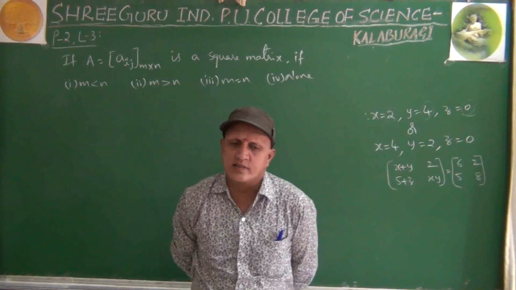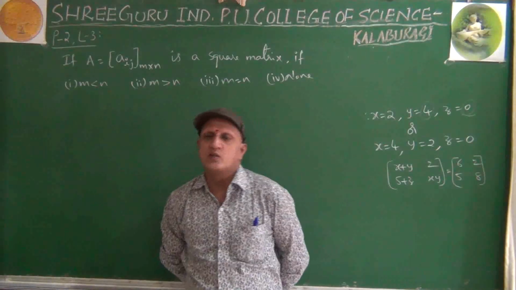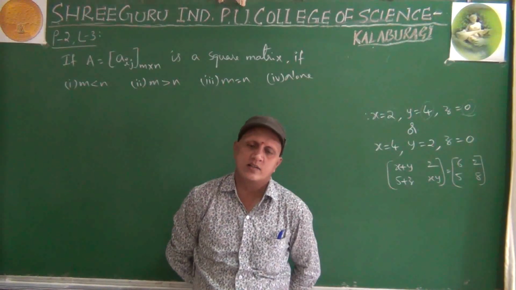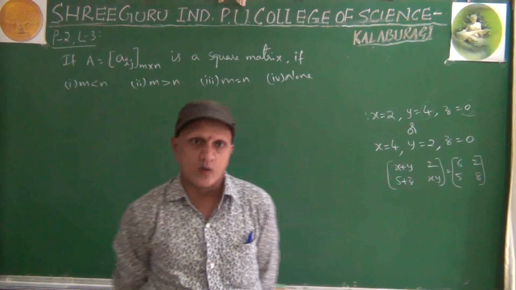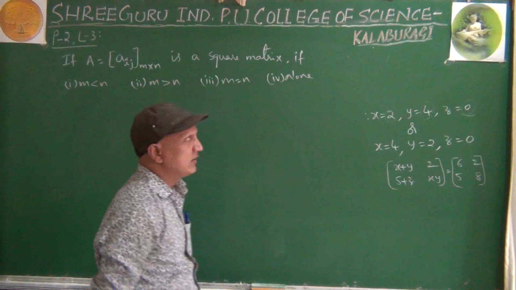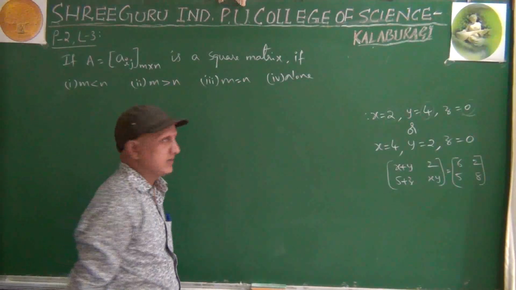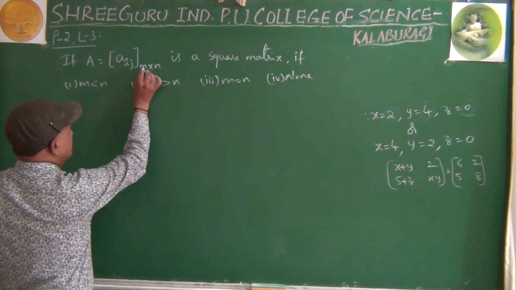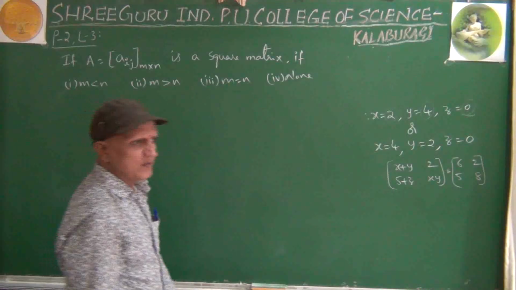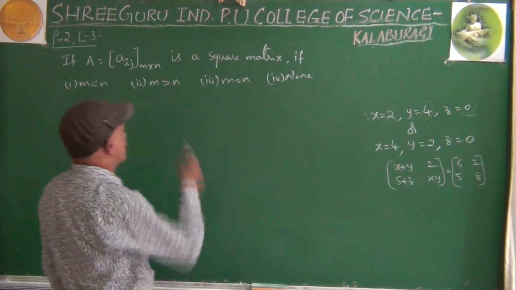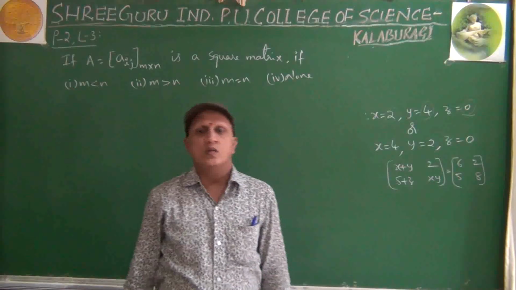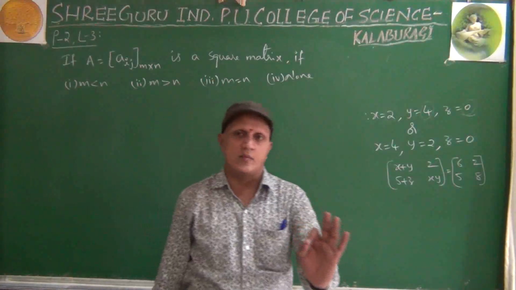Already we came across definitions. Square matrix definition. Which matrix is said to be a square matrix? If the number of rows and the number of columns both are same, then we can say that it is a square matrix. What is m? M means number of rows. What is n? Number of columns. If both are same, then we can call it a square matrix.